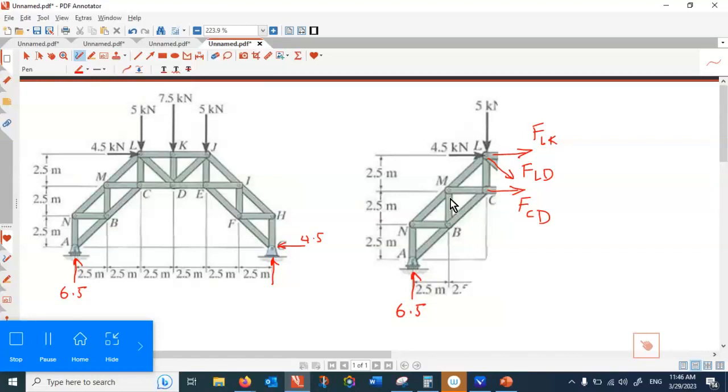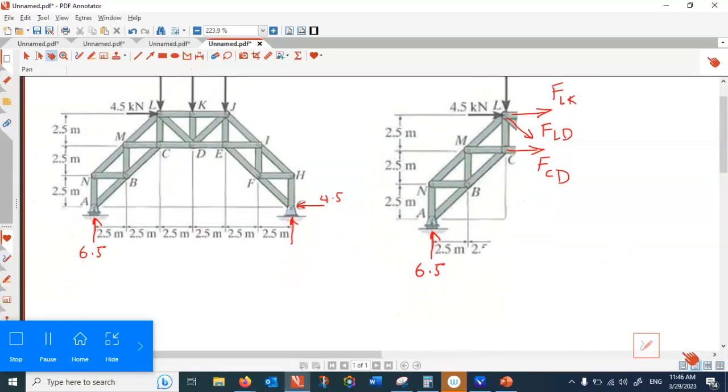And we could take the rotation with respect to point D. If I take rotation with respect to point D, that takes care of these two forces. And then you have FLK making a negative rotation, minus FLK times 2.5.